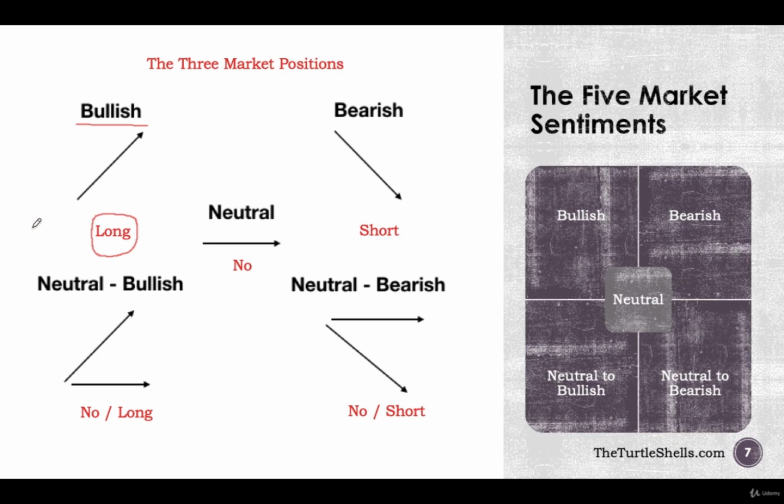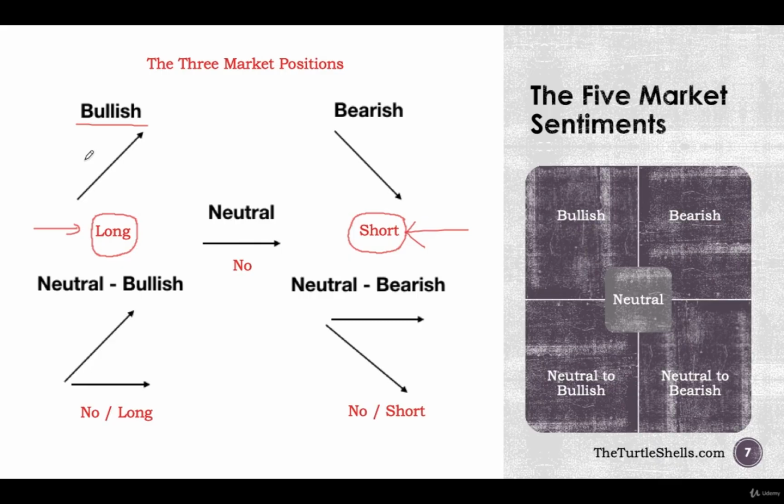So if you take a long position and the market goes up, you make profits. Similarly, if you feel that the price is going down, you take a short position. And if the prices go down after you have taken a short position, then you make money. So understand that you have to use terms which are used by professional traders in the market. If they're bearish, they take a short position and they make money when the prices go down.